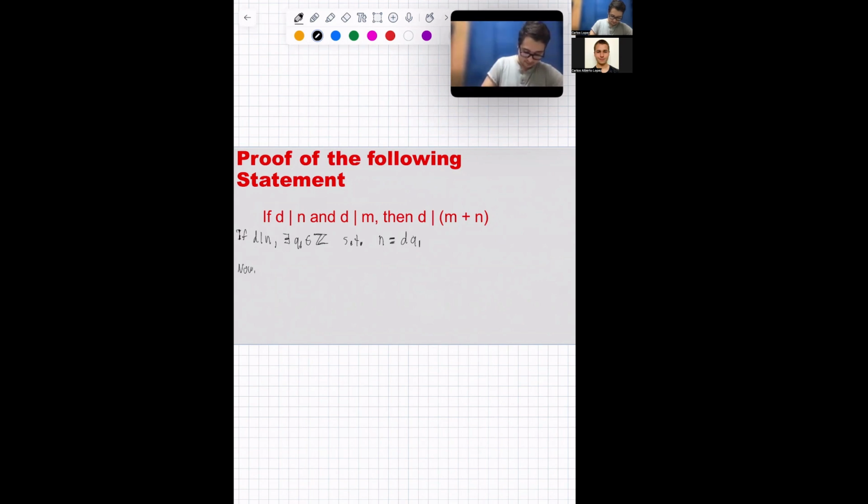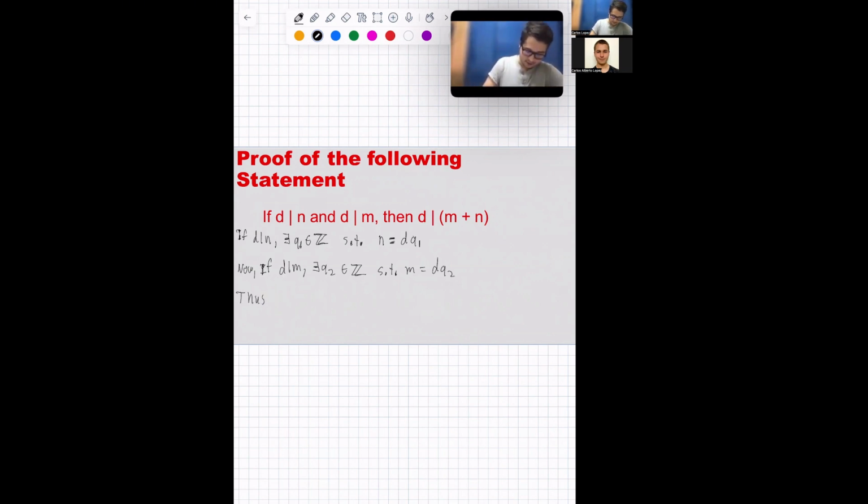Now, if d divides m, then there exists an integer q2 in said set such that m is equal to d q2, right? That is the case that we're going to have.